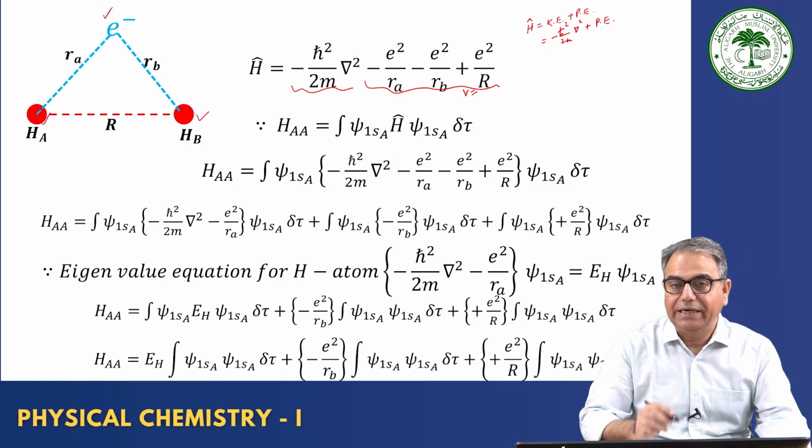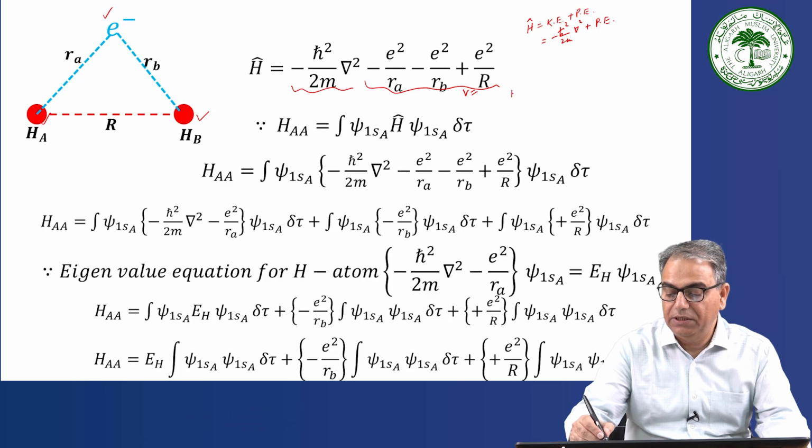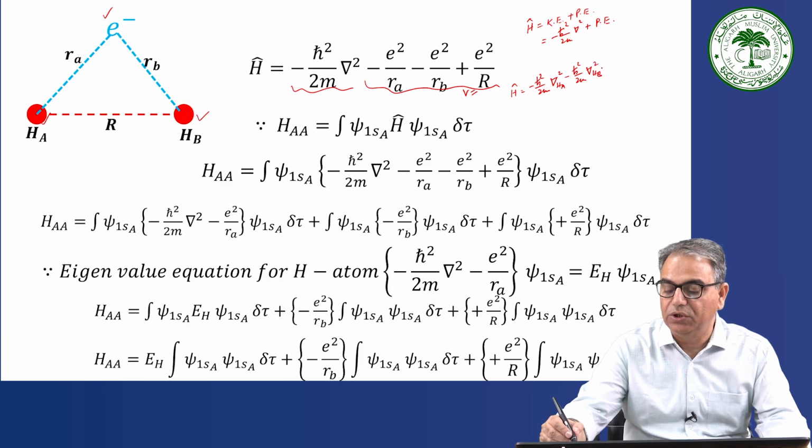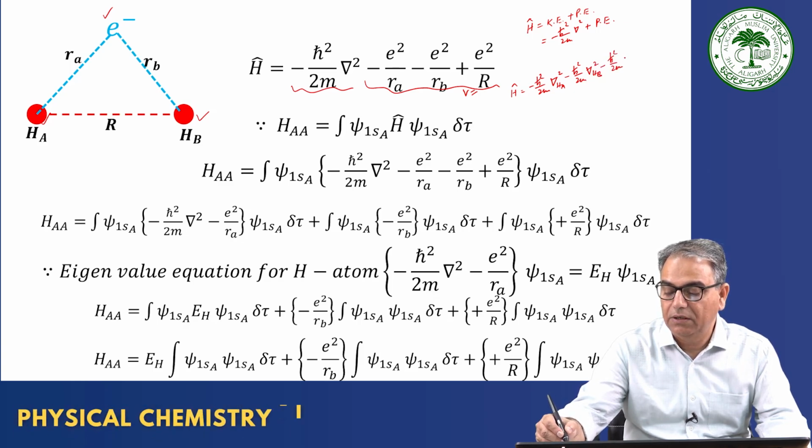So ideally, the term for the kinetic energy should be minus h cross square divided by 2m del HA square, minus h cross square divided by 2m del HB square. These are for the two nuclei. Then minus h cross square divided by 2m del E square.